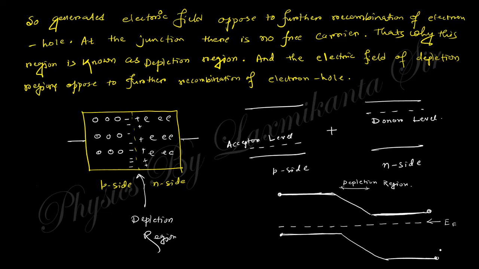So if you know the charge concentration, the acceptor or donor concentration, you can draw it out here. In the next page I want to draw here. In this region the electrons are positive charge here, and holes are produced here.